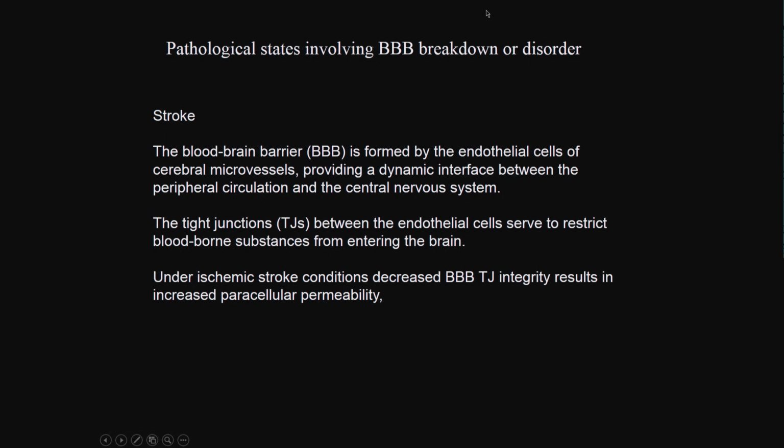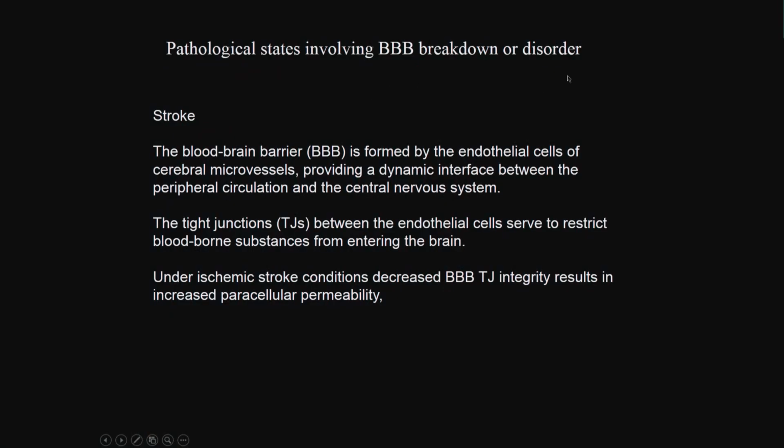So what are the pathological states involving BBB breakdown? The BBB can also break down. If it breaks down, people may start having a lot of side effects even if they are given normal drugs, maybe inflammatory drugs or cardiovascular drugs. Stroke, for example. The blood brain barrier is formed by endothelial cells of cerebral microvessels. It provides a dynamic interface between the peripheral circulation and the central nervous system.